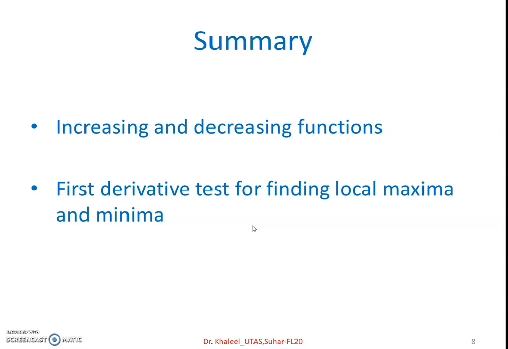Here we have studied the increasing and decreasing function and the most important first derivative test. For what purpose? For finding the local maxima and minima. You see that in the earlier video lecture we have studied how to find the absolute maxima and absolute minima. Here we have studied finding the local maxima and minima using the first derivative test.